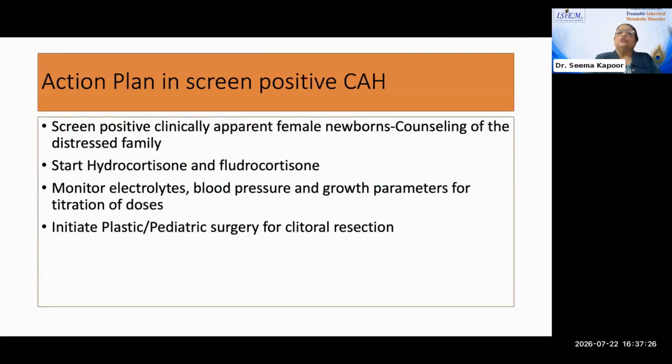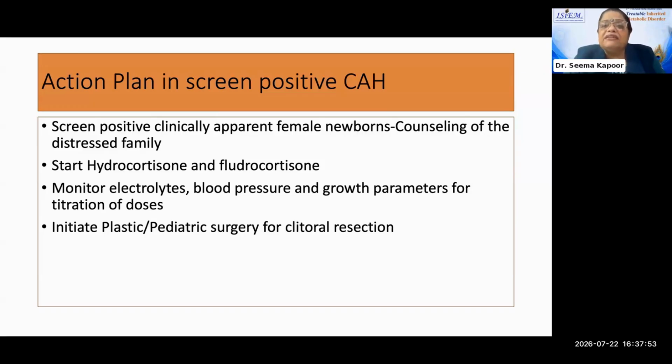So what should you do? You should counsel the distressed family. In most of the female newborns, because it is evident at birth, screening is immaterial. But all the males, because this is an autosomal recessive condition, die between the second week and third week of life with a salt wasting crisis because they do not have the mineralocorticoid function.